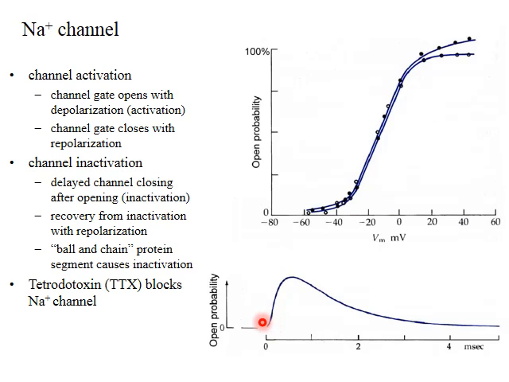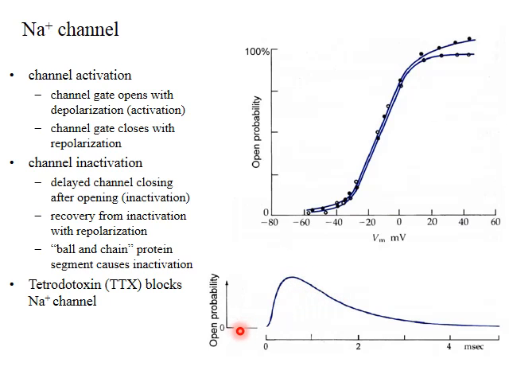In this case, we see that the activation of the channel occurs much more quickly. It occurs within hundreds of microseconds instead of several milliseconds. However, we see another striking difference between the behavior of sodium channels and that of delayed rectifier potassium channels, and that is after about half a millisecond or so, the open probability of sodium channels begins to decay.